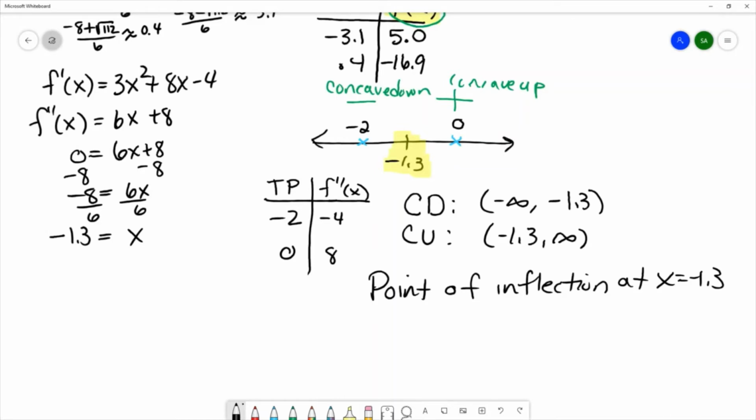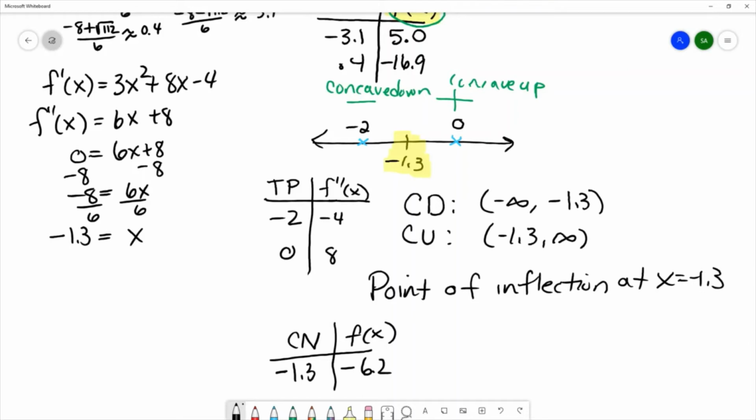And later on, when we get to graphing this, we'll need to know the ordered pair. So we're going to take that critical number of -1.3 and substitute it into our function f of x. And that will give us the point of inflection -6.2. And I made a mistake here. That's a -1.3.